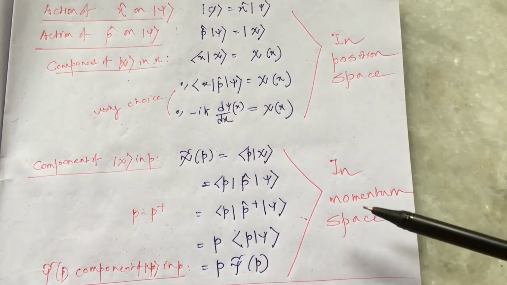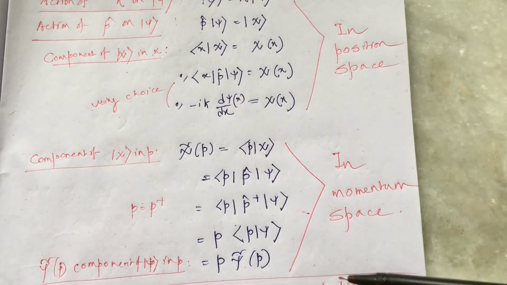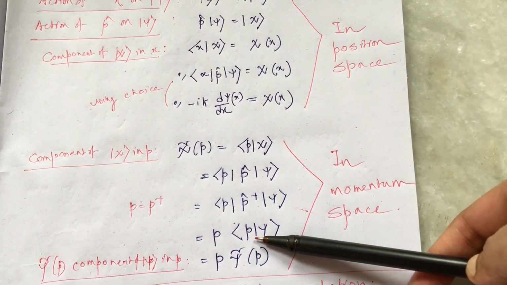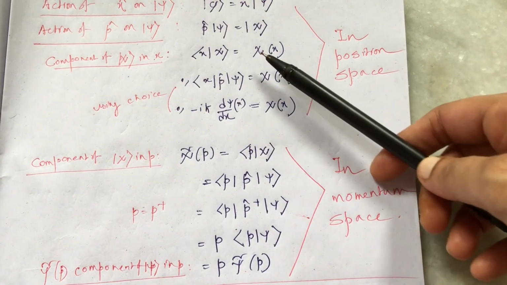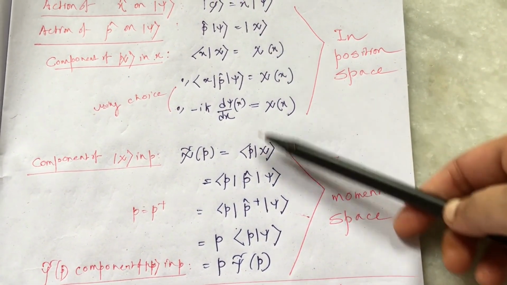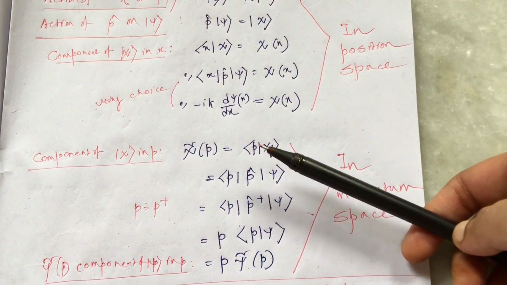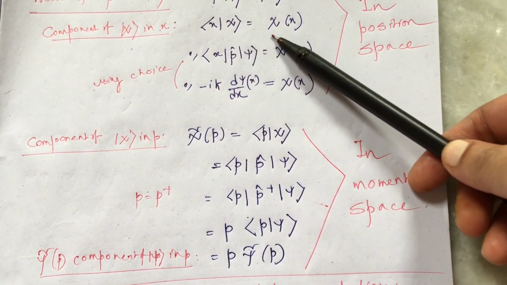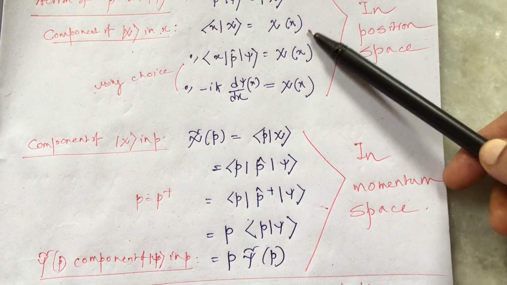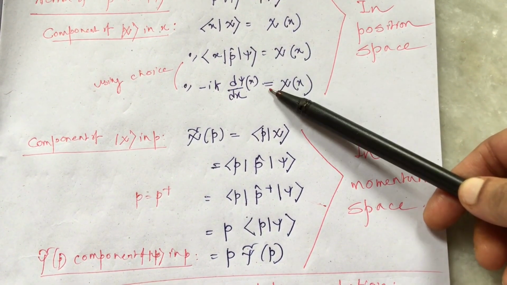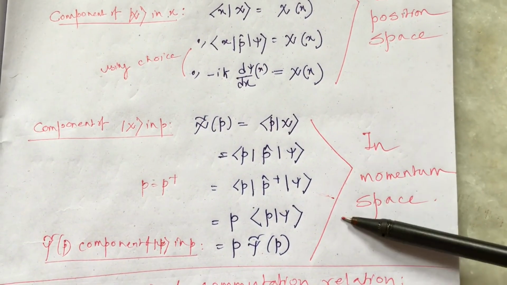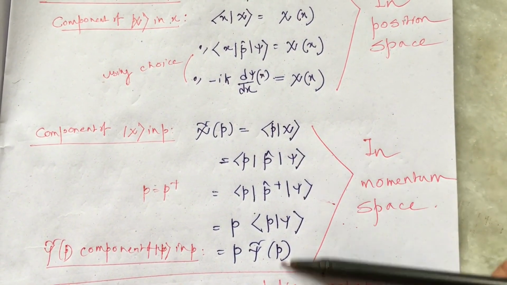If I am in momentum space, this is to be written <p|, just as I have written here. So chi is my new state, new function, and the component of chi in position space should be written like this. And these are the relations in position space. In momentum space, the similar relations will look like this.